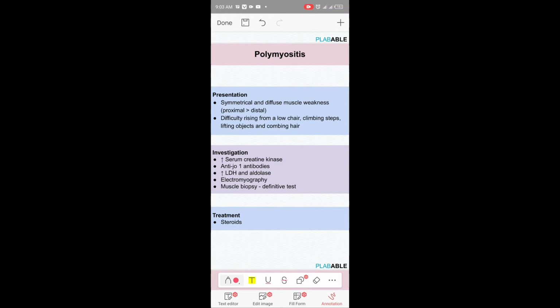You do electromyography as well, and you go for the muscle biopsy, which is the most definitive test. So the CPK, the antibodies, anti-Jo1 for polymyositis and anti-Mi2 for dermatomyositis, and you do the EMG and the muscle biopsy.